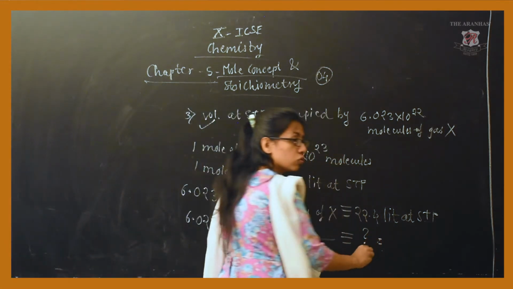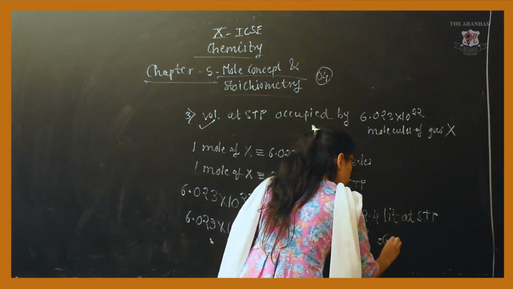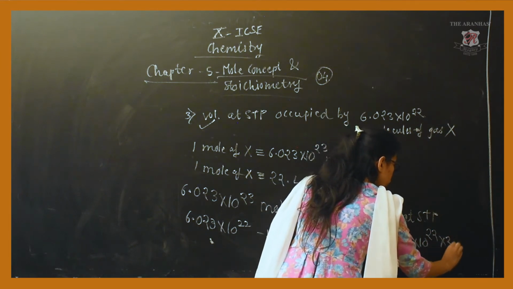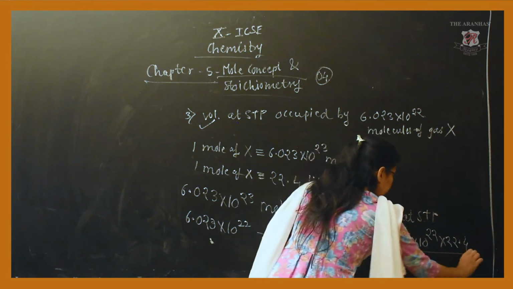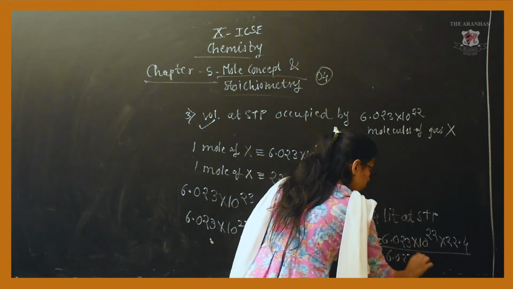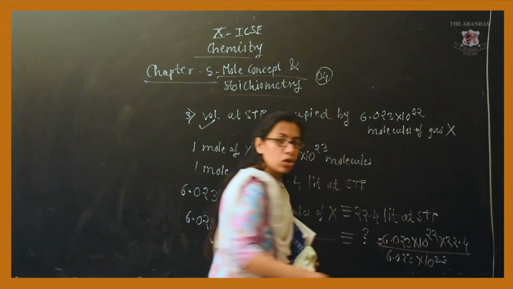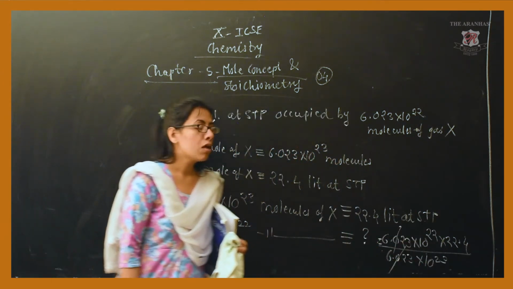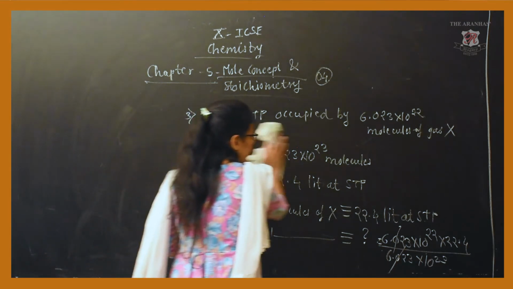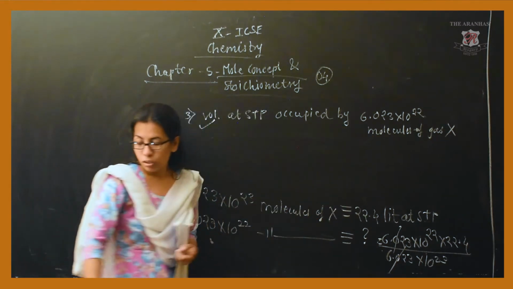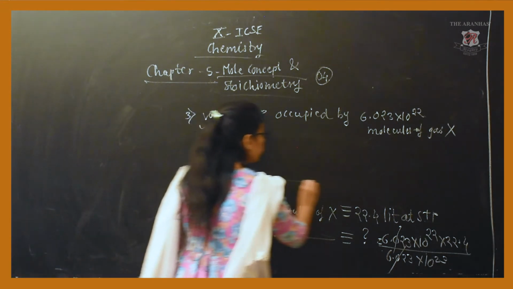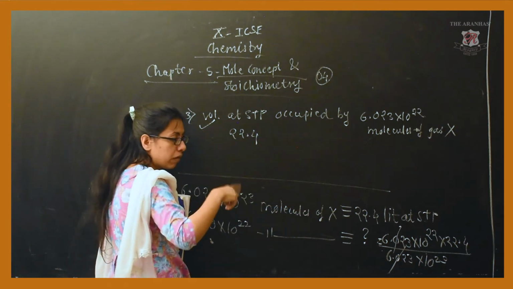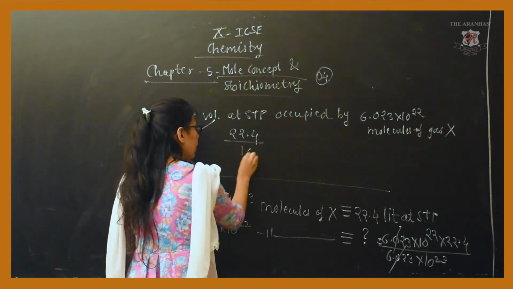This will be 6.023 into 10 raised to 22 into 22.4, divided by 6.023 into 10 raised to 23. Very easy. These two numbers are the same, so they get cancelled. In the numerator it will be 22.4, and one power of 10 gets cancelled. This is divided by 10.